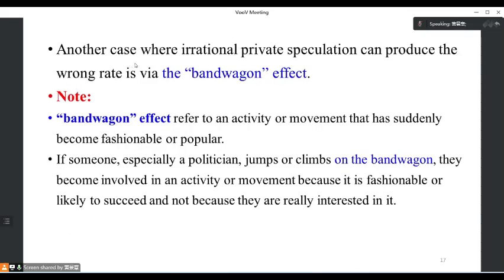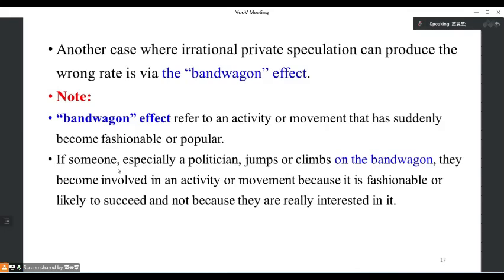Another case where irrational private speculation can produce the wrong rate is the bandwagon effect. Let's see the note. What's the meaning of bandwagon effect? It refers to an activity or movement that has suddenly become fashionable or popular.